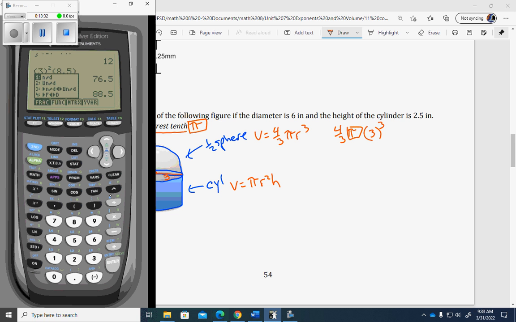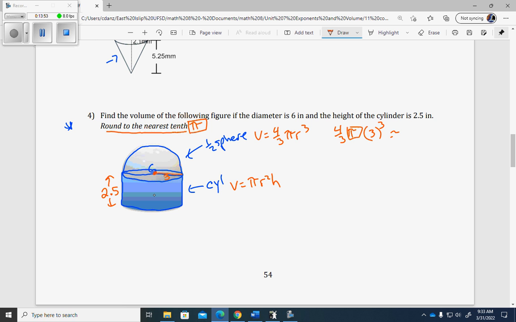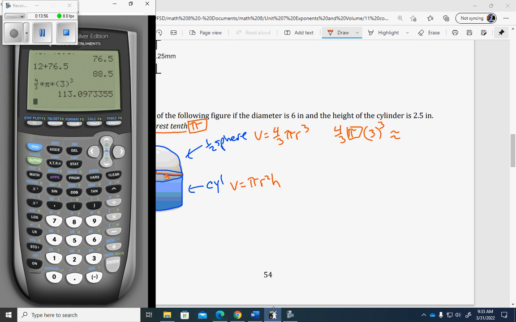So use your fraction button. 4/3 times pi, hit that pi button, times 3 to the third. I get about 113.1, right, when I round to the nearest tenth.